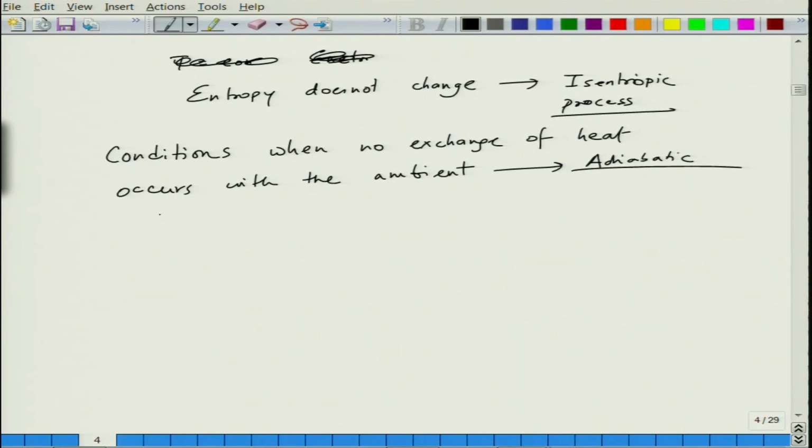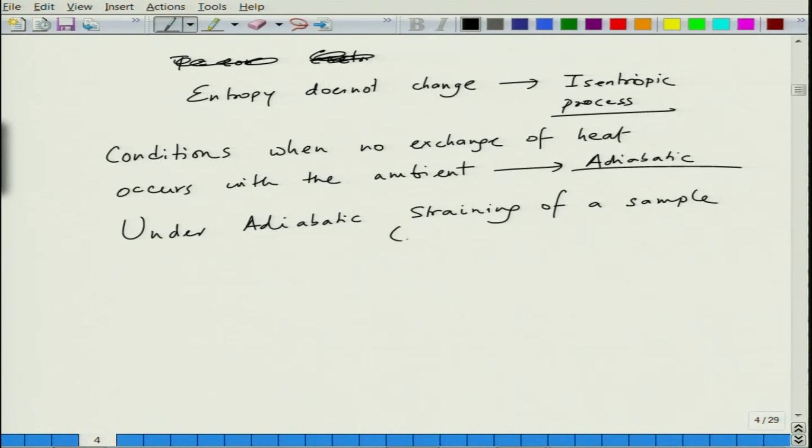So, under adiabatic conditions, of a sample, let us say straining is uniaxial. In such a case, one can correlate the temperature as a function of strain.